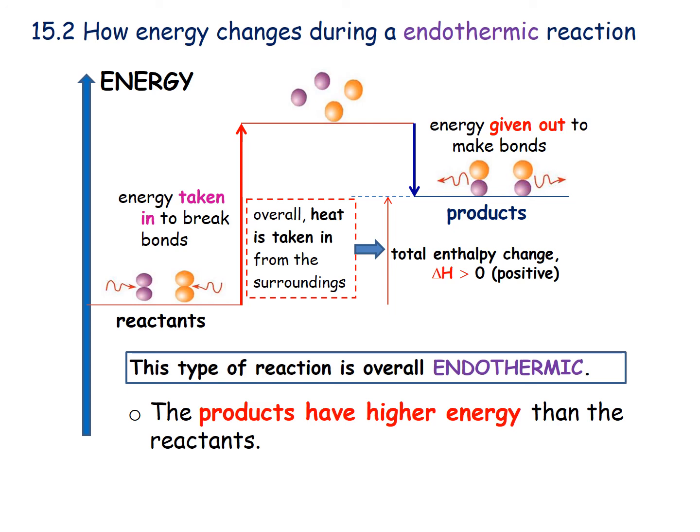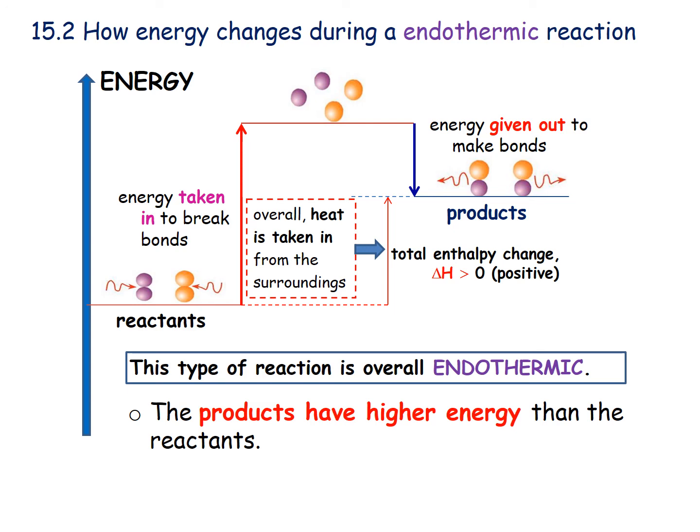But in an endothermic reaction, less energy is given out to make new bonds compared to energy absorbed to break bonds in reactants. So this means the reactants give out less energy than they absorb from the external source. So the products retain most of the energy absorbed from an external source, such as the sun in photosynthesis.